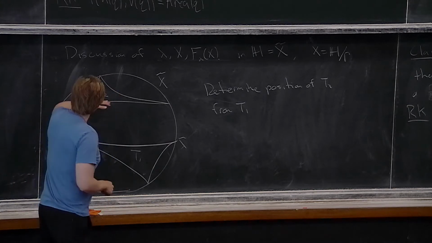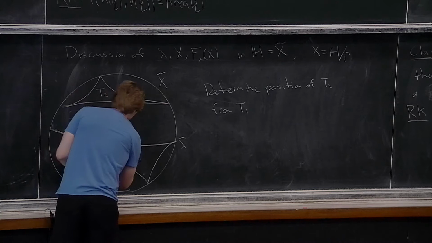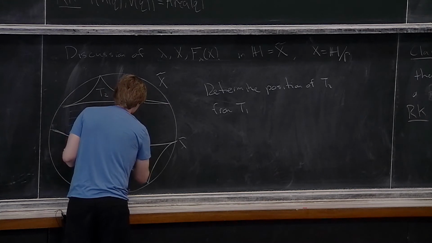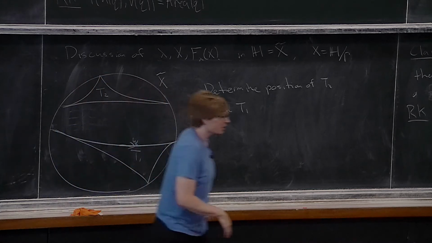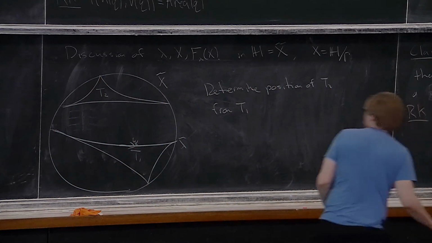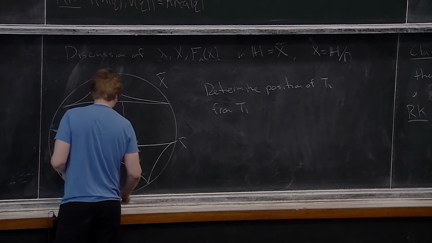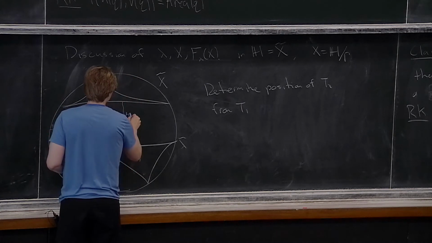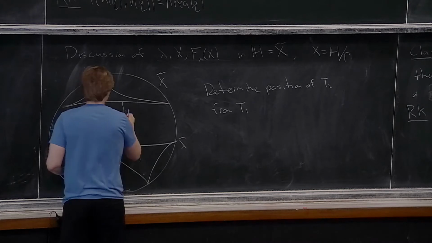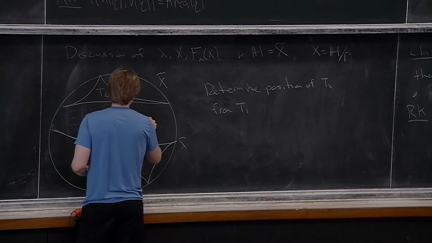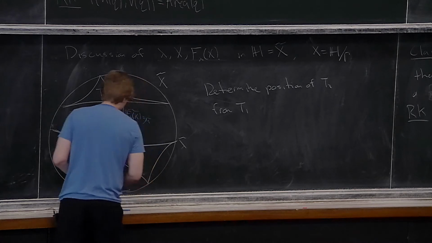So how do I determine T2? Well, start with a vector here that I'll call W naught. Then I'm going to follow a leaf of the foliation, a leaf of f lambda x tilde, and let me call that mu tilde.